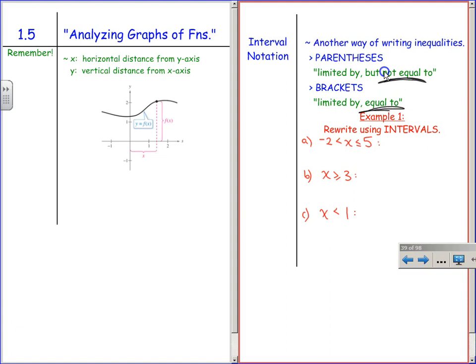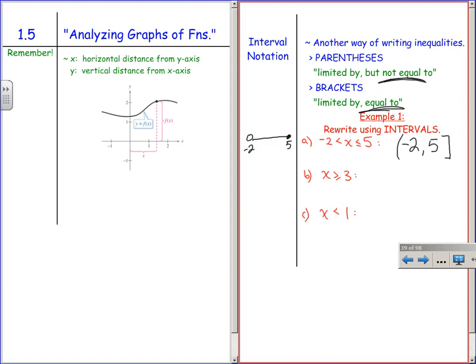So if we were to think about a number line, we would have an open circle at -2. We would have a closed circle at 5, and x could be anything in between. That's what this inequality is. How we show that in intervals is parenthesis -2, comma, 5, bracket.